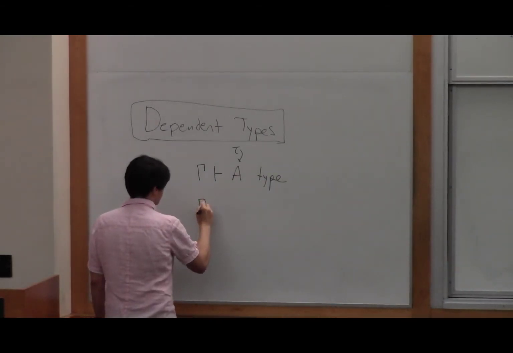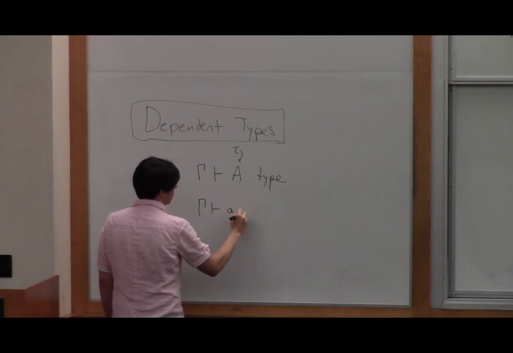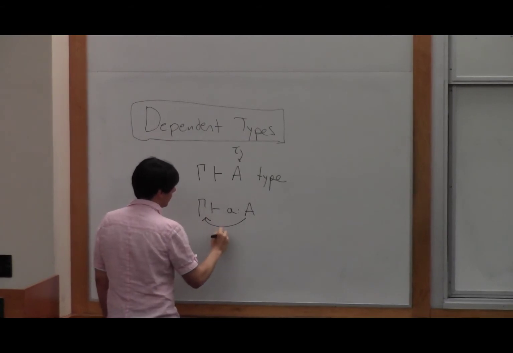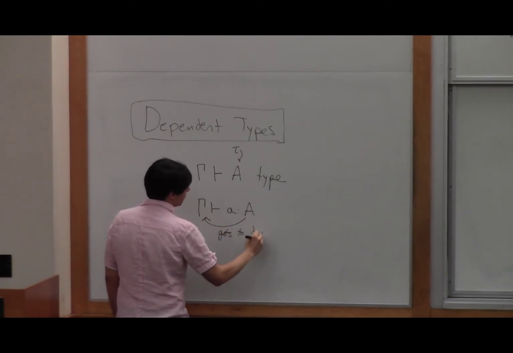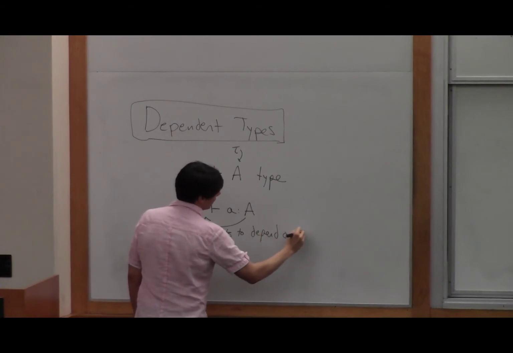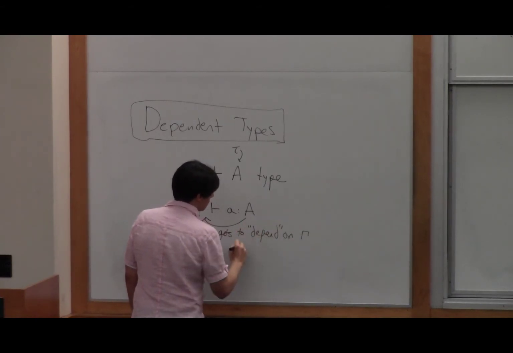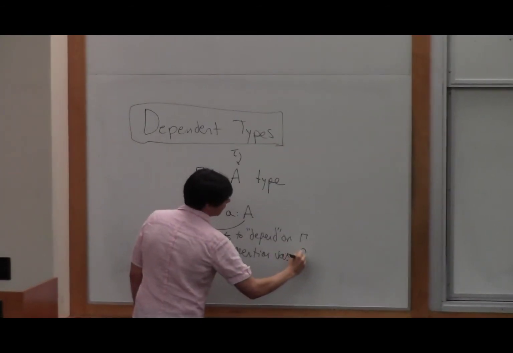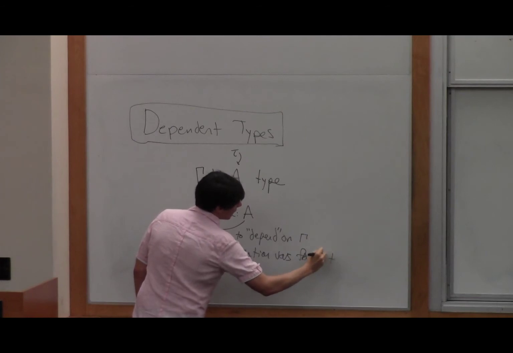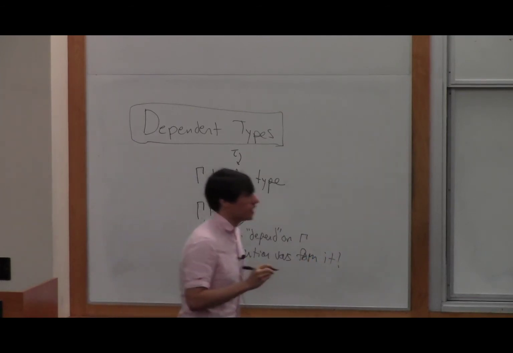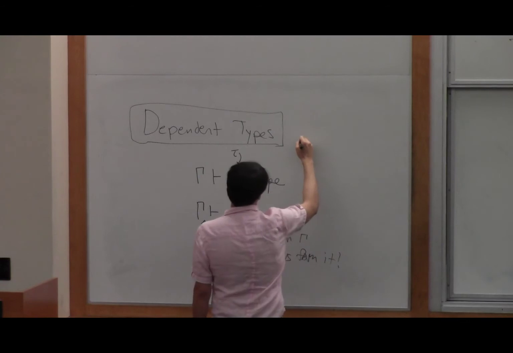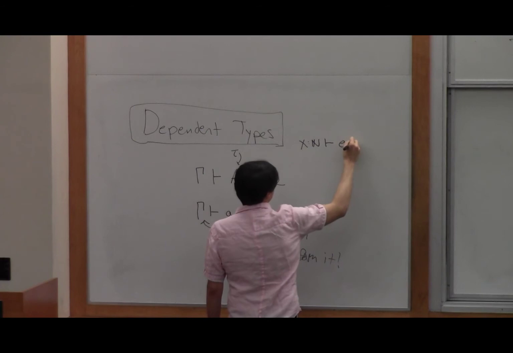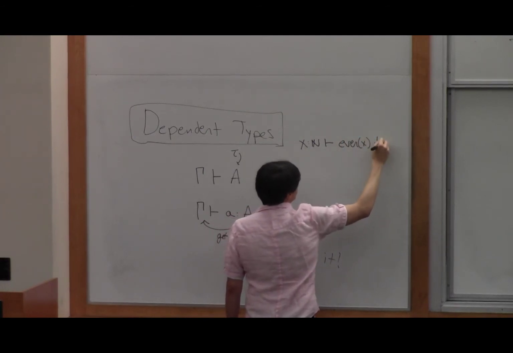And then we'll have a judgment, gamma proves a colon A, where A gets to depend on gamma, which means it can mention variables from it. Okay? So for example, we can have the idea that in the context x is a nat, even of x is a type.